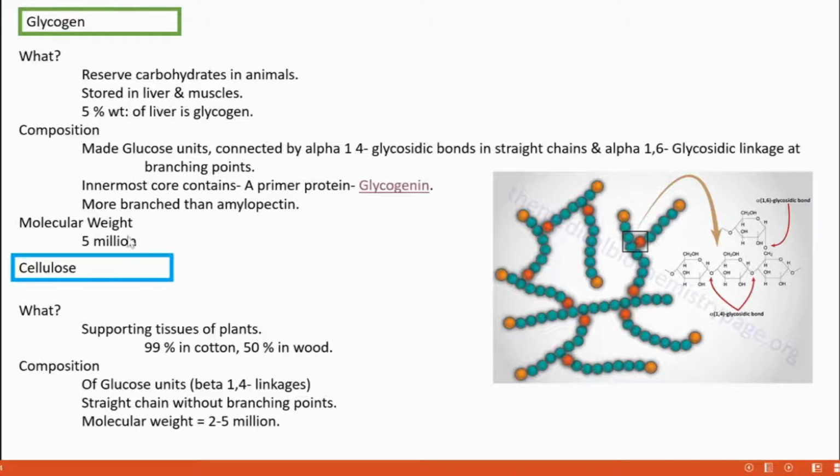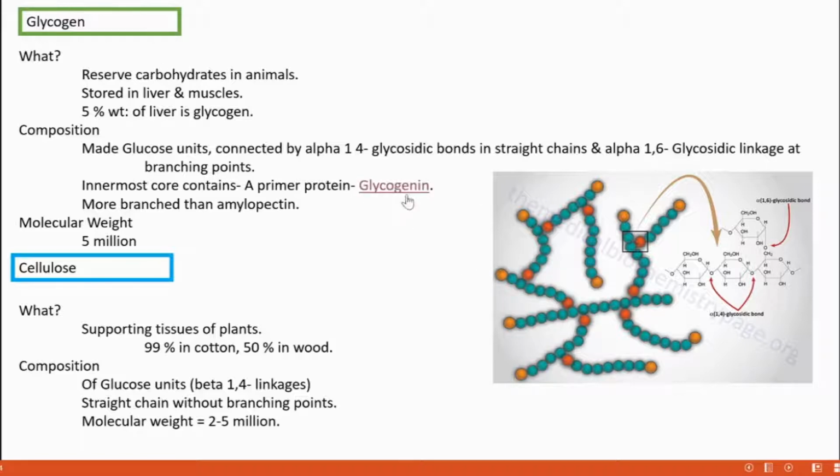In glycogen, in its inner core, there is a protein called glycogenin. Glycogenin is actually an enzyme that acts as a primer. Primer means something that gives a starting point, an initiation for the polymerization of glucose units, the linking of glucose units to one another continuously to form glycogen.